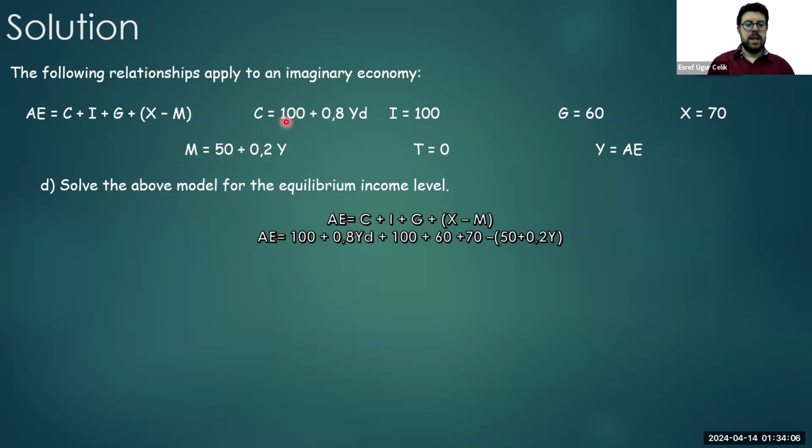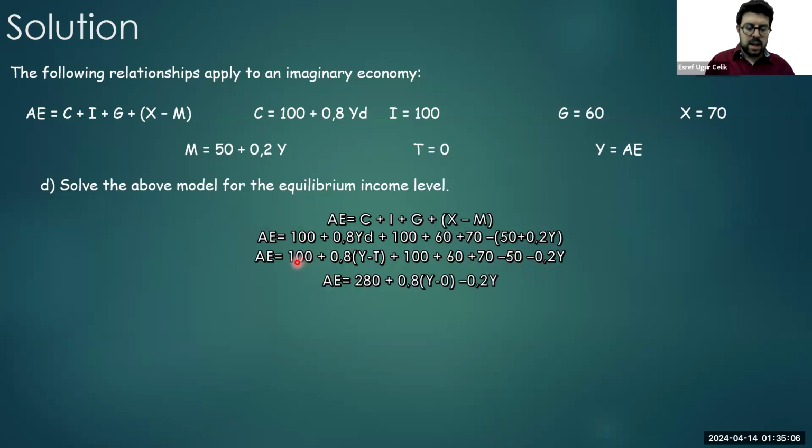The consumption equation is 100 plus 0.8 multiply YD, then plus investment 100, plus government expenditure 60, plus export 70, minus import part 50, plus 0.2 multiply Y. So in the second step, we can put YD as Y minus T, and T is equal to 0, and put negative numbers inside the parentheses. 100 plus 0.8 multiply Y minus T plus 100 plus 60 plus 70 minus 50 minus 0.2Y.